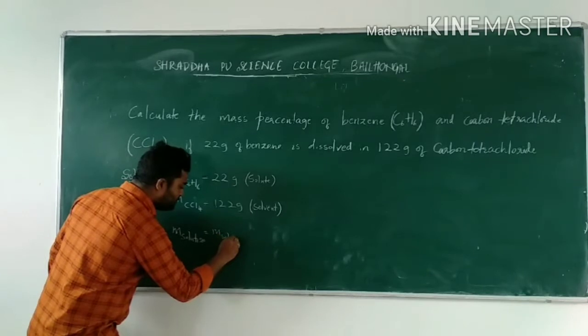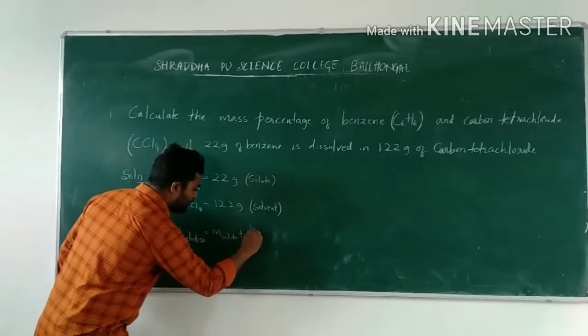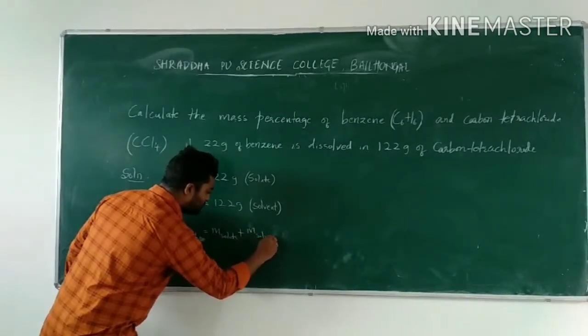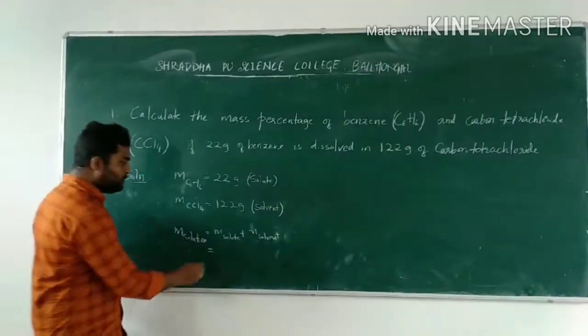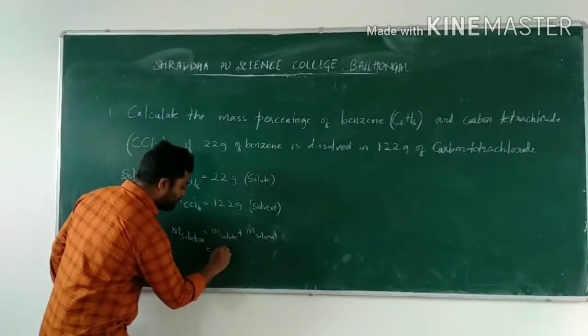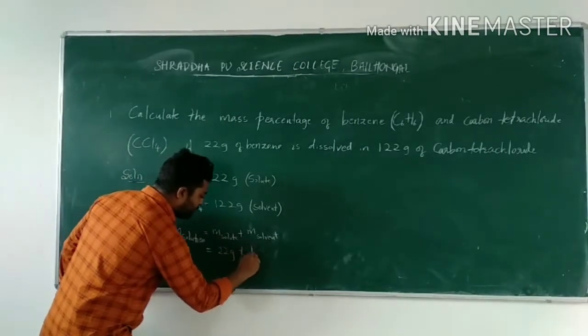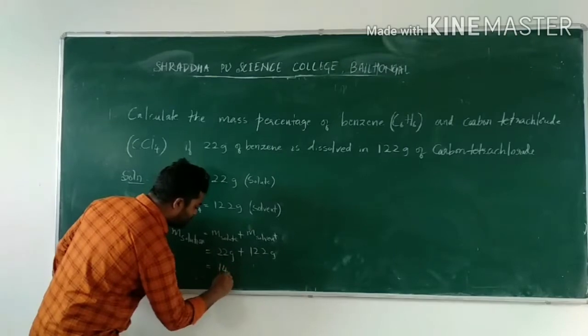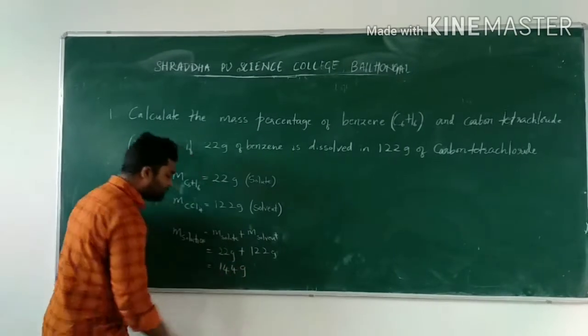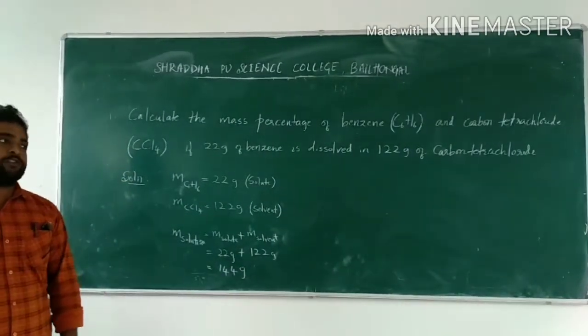So this is equal to 22 grams plus 122 grams, which is equal to 144 grams. This is your mass of the solution.